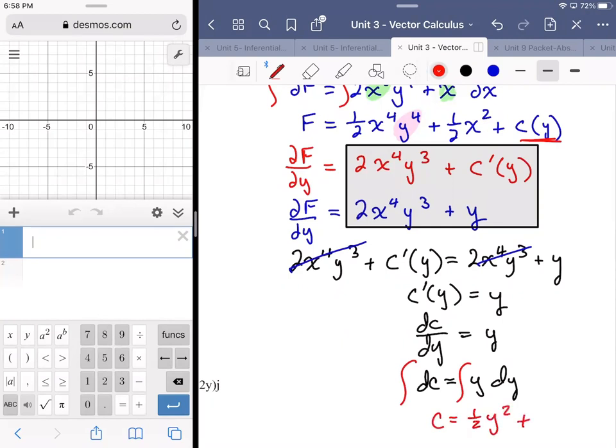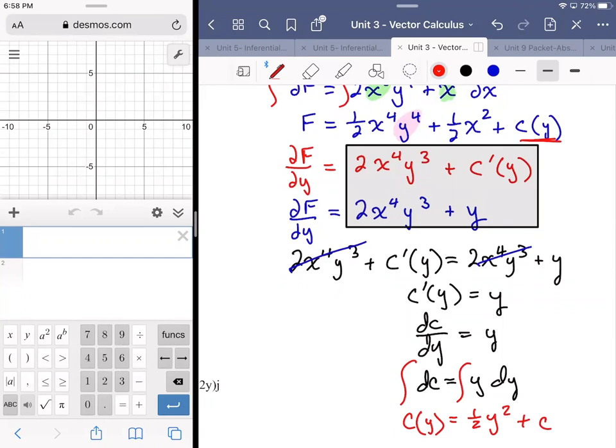Now, I know it gets a little weird. We call this c, but it's going to be another c. It's going to be plus c. So what we could do, just to keep this organized, is call this c of y, and this would be just an ordinary constant c. Right?